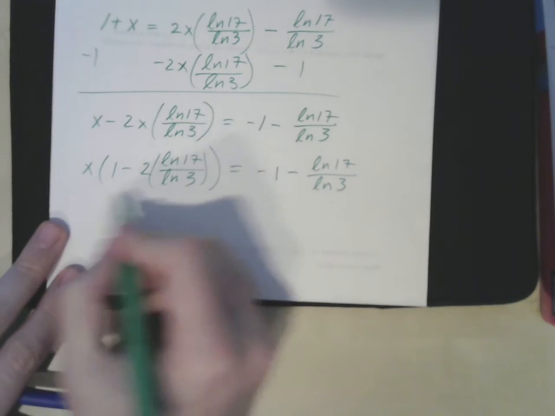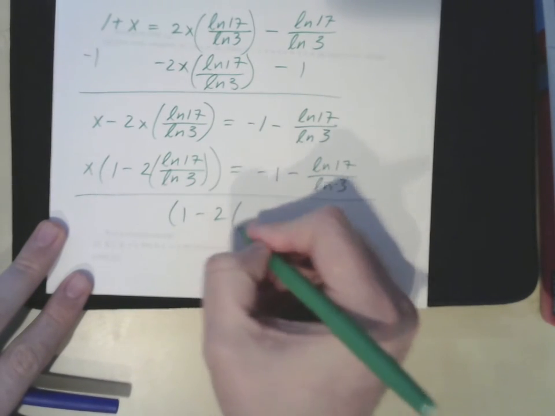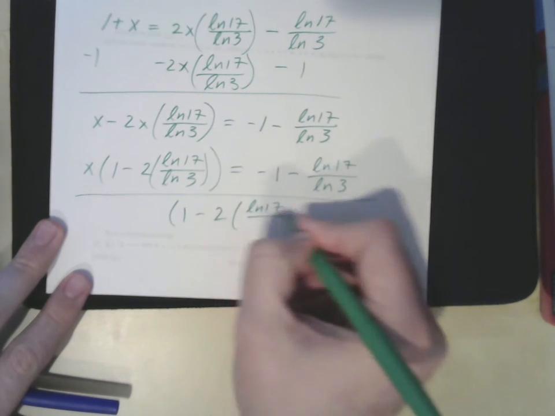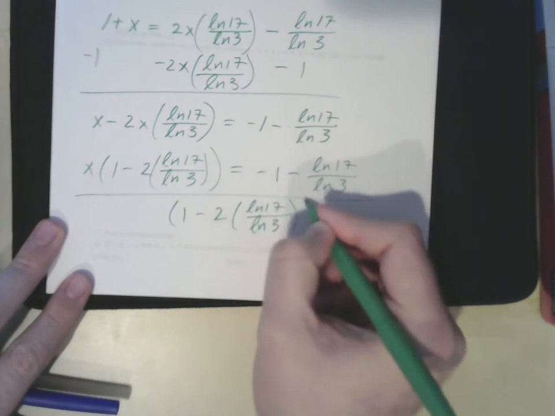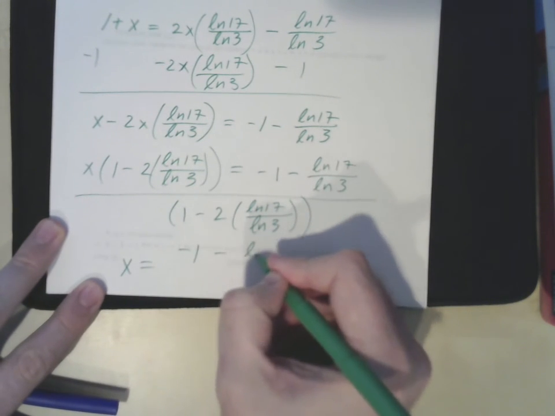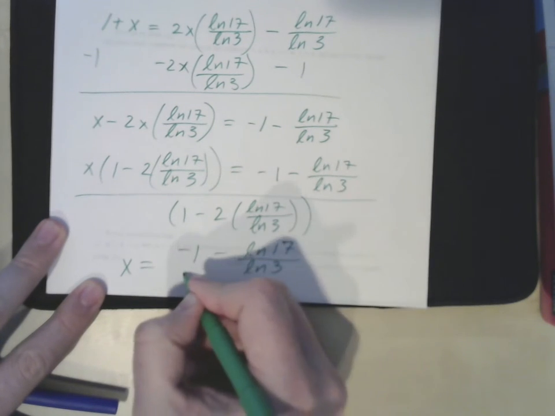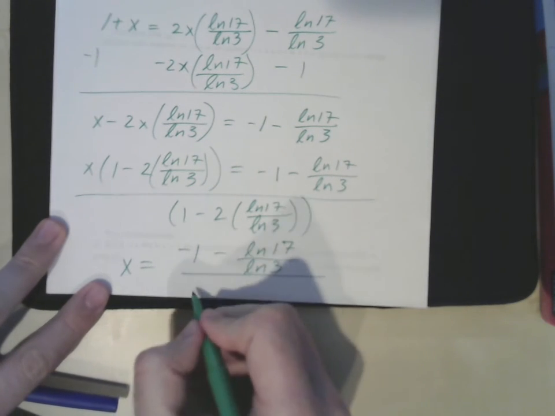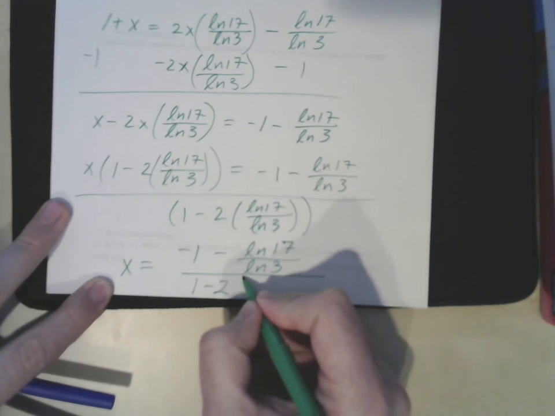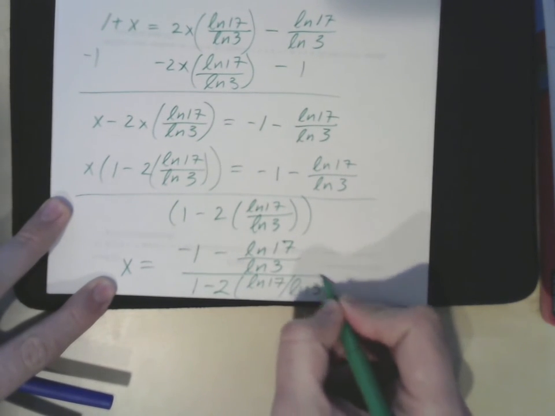And then you just divide by this whole horrible binomial, 1 minus 2 ln 17 over ln 3. And we get x equals negative 1 minus ln 17 over ln 3, all over 1 minus 2 times ln 17 over ln 3.